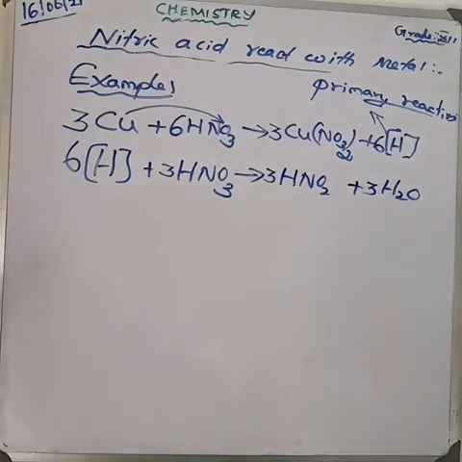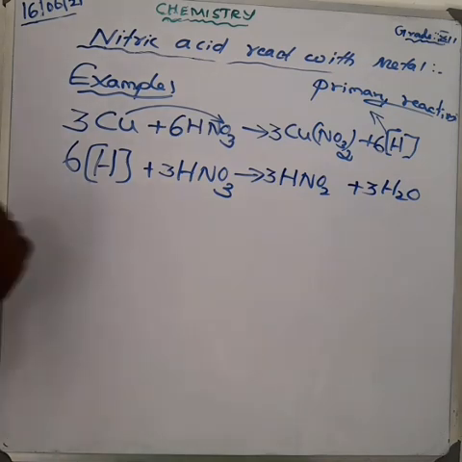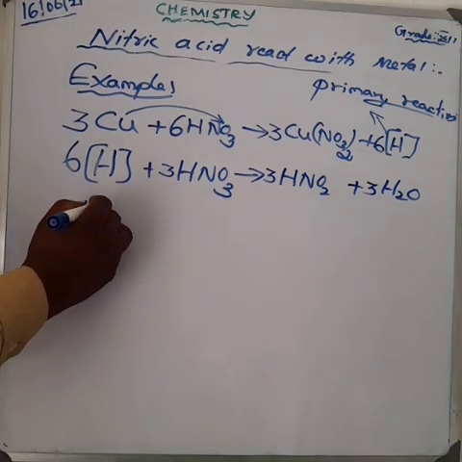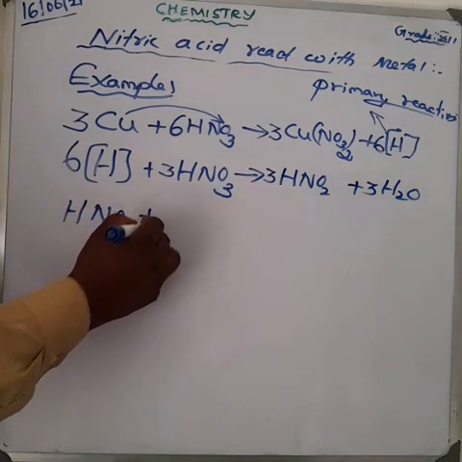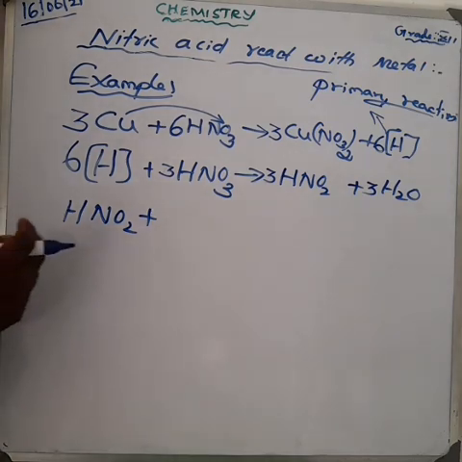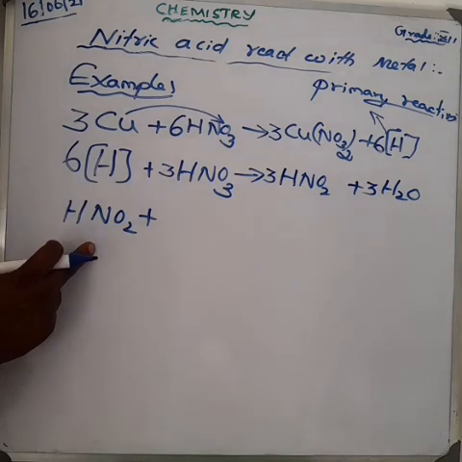What about the last reaction? Nitrous acid, that is HNO2. The HNO2 undergoes decomposition. I told you that the tertiary reaction may decompose or react to give the final product. Am I right? First here we have the decomposition.